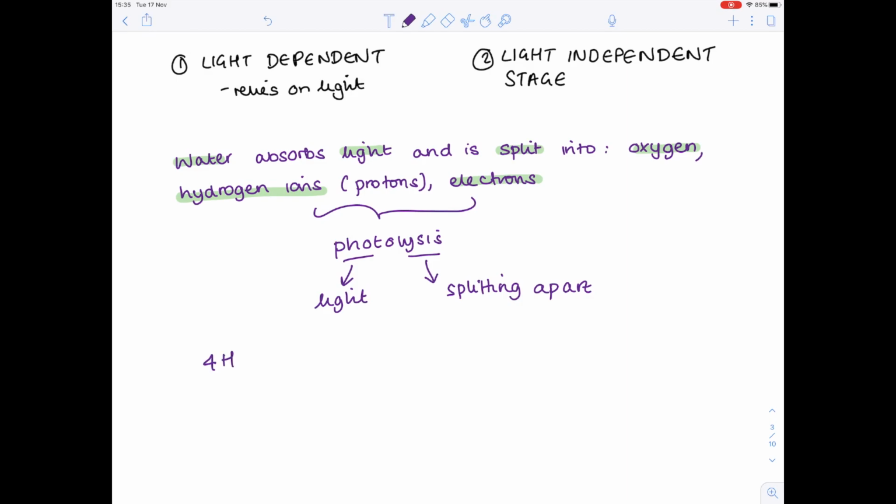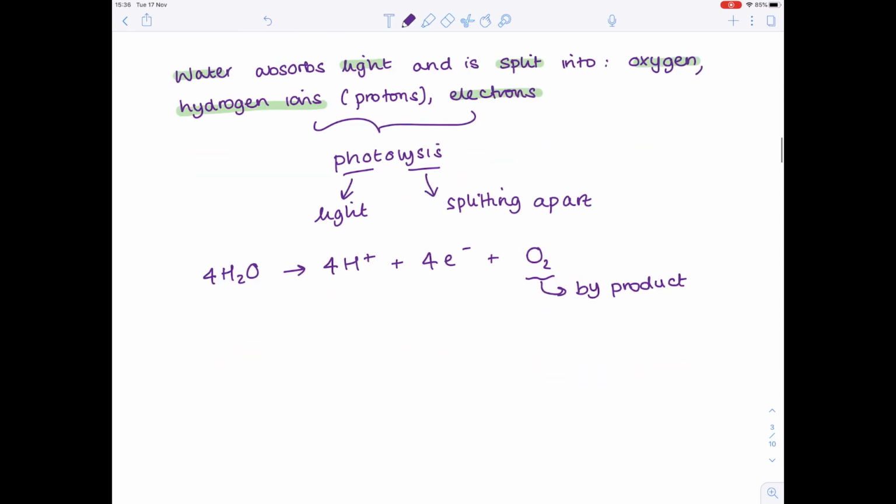Let's write a summary equation for that. And we can see here that oxygen is a byproduct, and that explains why oxygen appears on the right-hand side of the photosynthesis equation.